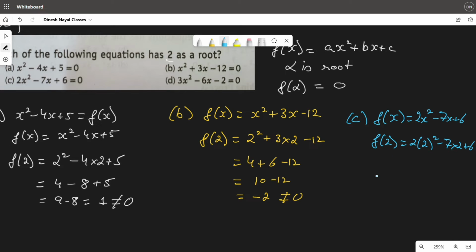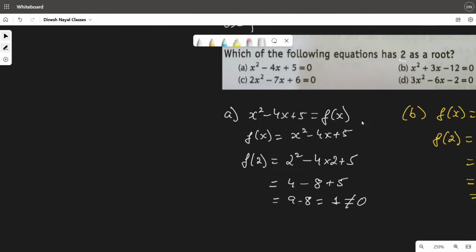So this is 4 into 2, which becomes 8. 8 minus 14 plus 6. Now 8 plus 6 is 14, and 14 minus 14 equals 0. That means this equation has 2 as a root. So C has 2 as a root.